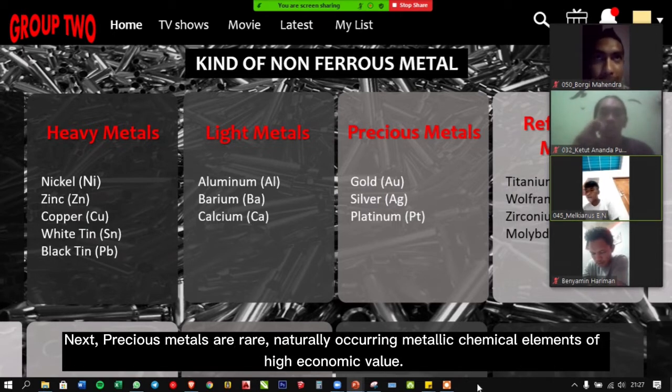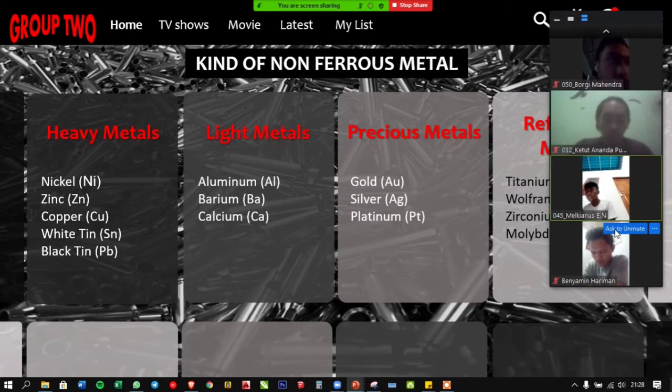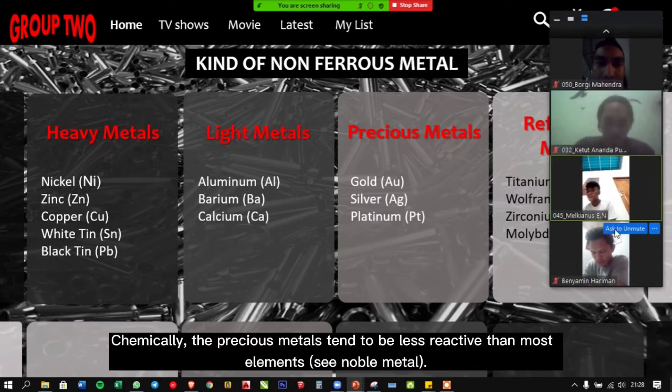Next, precious metals are rare, naturally occurring metallic chemical elements of high economic value. Chemically, the precious metals tend to be less reactive than most elements.